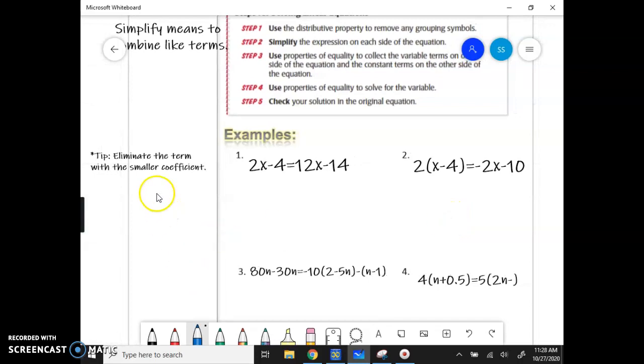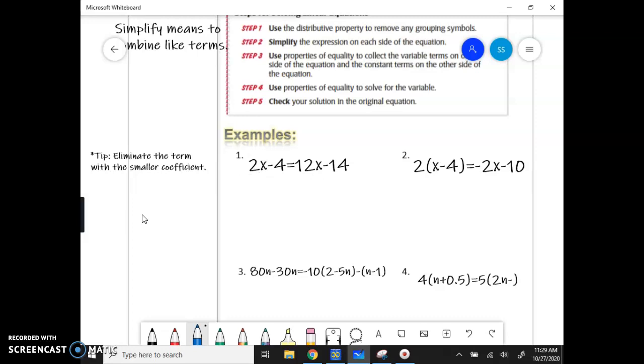So I have a little helpful tip. You don't have to do this, but it might make it easier in the long run if you decide to eliminate the term with the smaller coefficient. A coefficient is the number in front of the variable. So if we see that we have 2x and 12x, well, 2 is smaller than 12.